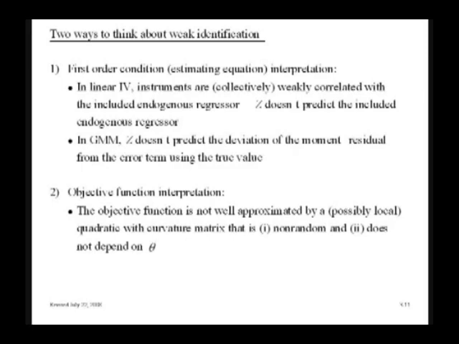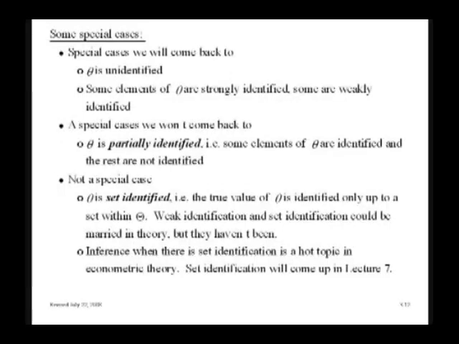Basically, if the z's are weakly correlated with the included endogenous regressor, then deviations of theta from its true value are not going to be something that the instrument's going to pick up at all. And because it's not going to pick it up, we're not going to be able to distinguish values of theta other than its true value from the true value. And then there's also an objective function interpretation, which I will return to when we do GMM.